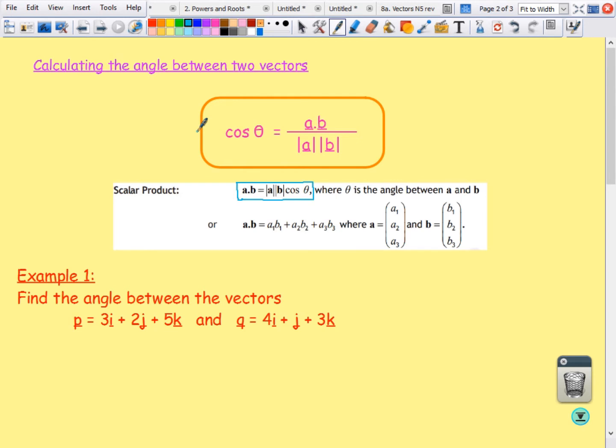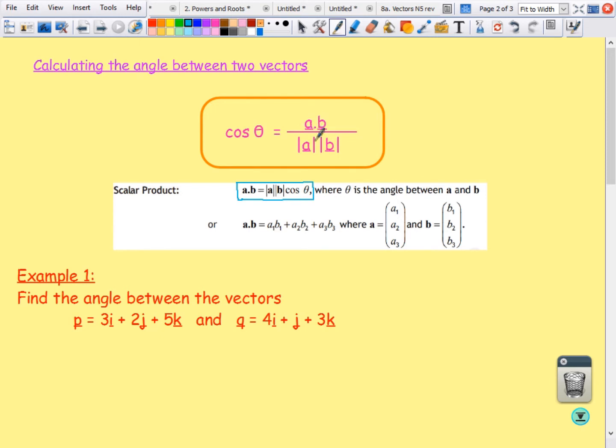Thanks. Okay, so here we are going to find the angle between the vectors. Now breaking down what we have here, we've got the scalar product as part of the formula, so I'm going to have to find that.